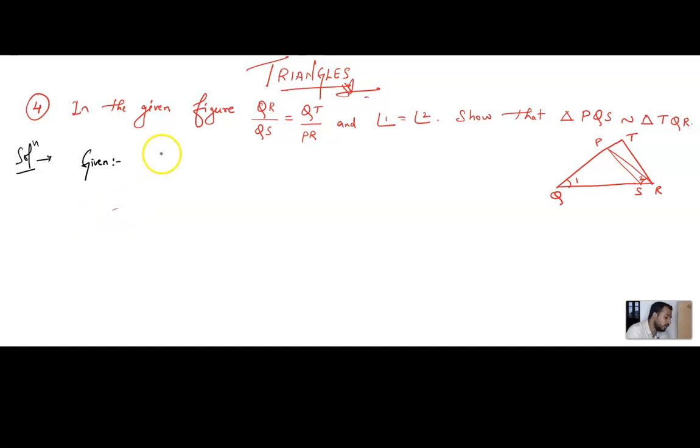First, what has been given, let me write that. That is QR by QS is equal to QT by PR. So this is the given problem. Children, what we have to prove here? Triangle PQS is similar to triangle TQR.